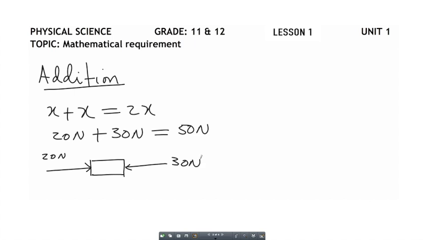You realize that these two forces are rather different, hence they will provide us with a resultant force which is going to be different to the one that we have added earlier.